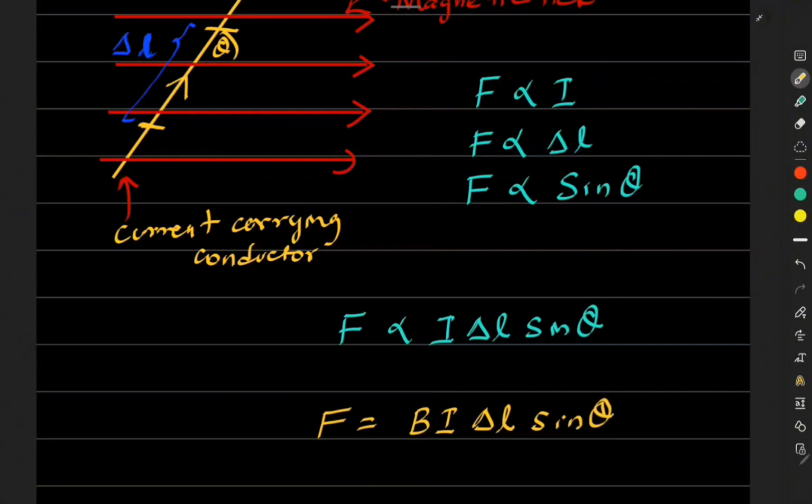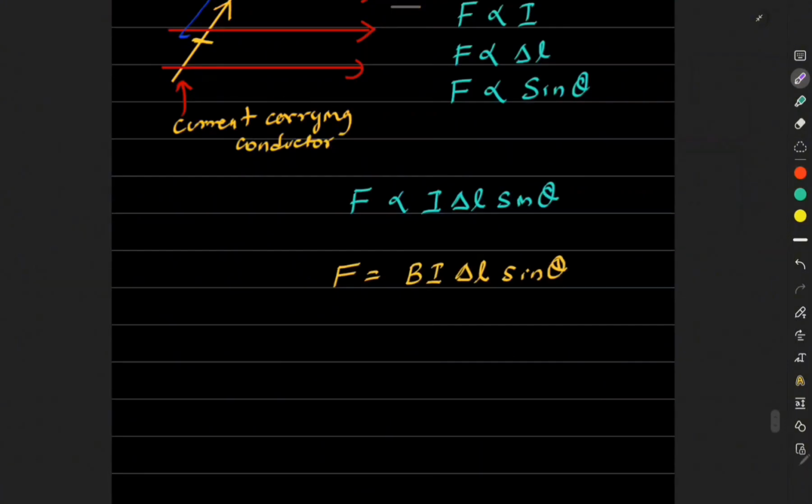In this equation, B is the magnetic flux density. If theta is 90 degrees, F equals B I delta L. We can write it as F equals B I L.